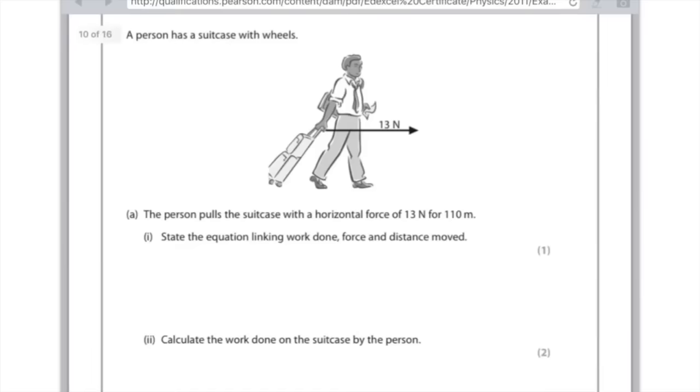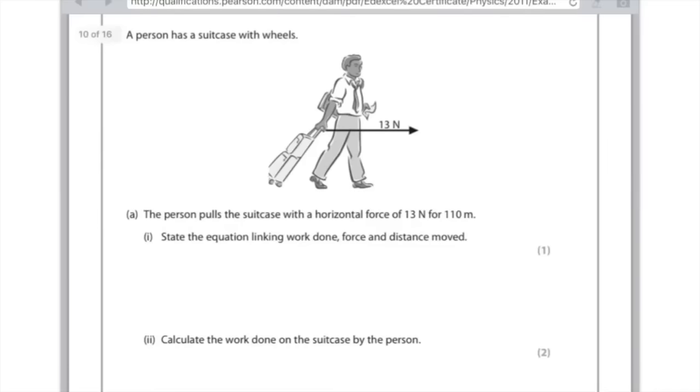I'm going to chuck in a few other maths things here. So question 6, the person has a suitcase with wheels. The person pulls the suitcase with a horizontal force of 13 newtons for 110 meters. State the equation linking work done, force and distance moved. I don't know if I've told you this before, but try and remember, especially IGCSE people, remember all your equations as formula triangles, because then you won't have to learn as much. And as soon as you get your paper, write them all down on the back, and then you can just keep referring to them, so it won't be so hard to pluck it out of your head.